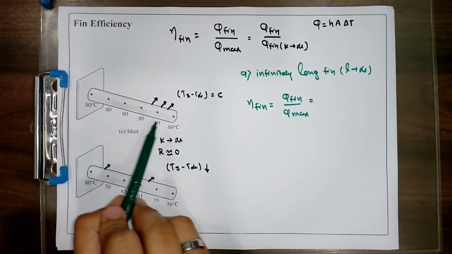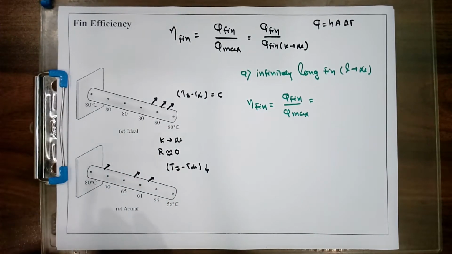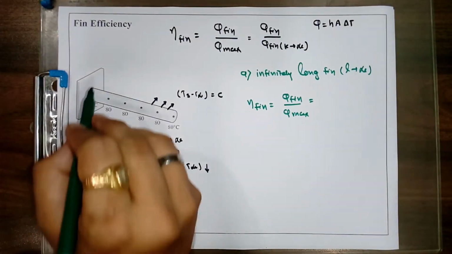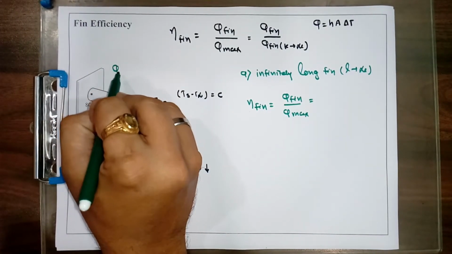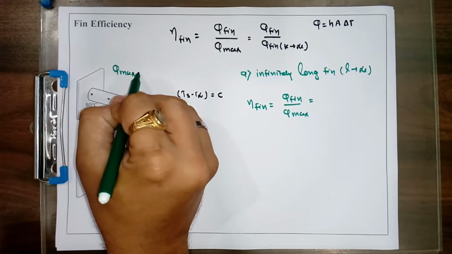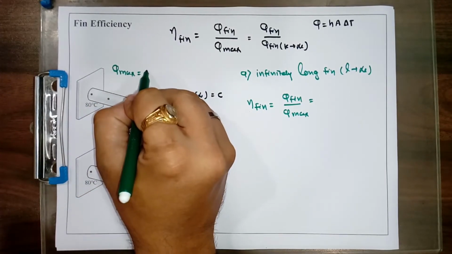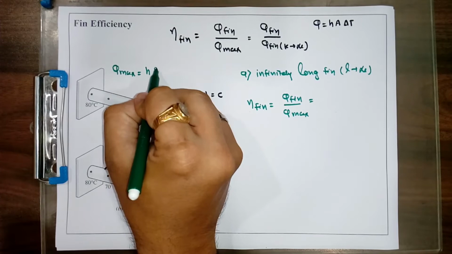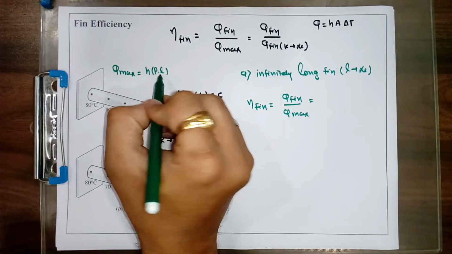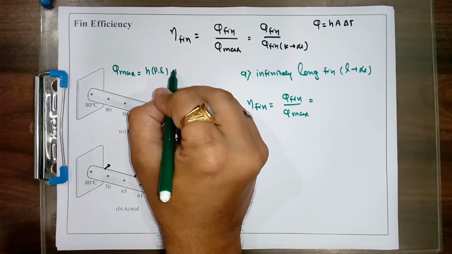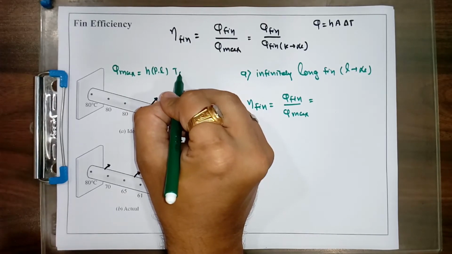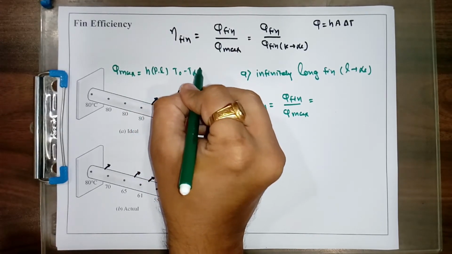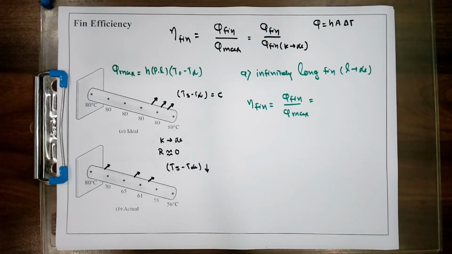The heat transfer from the fin is only happening by convection. So in this case, the q maximum becomes the perimeter into the length, that is your surface area, into the temperature difference, that is T naught, the base temperature, and T infinity, the bulk fluid temperature.